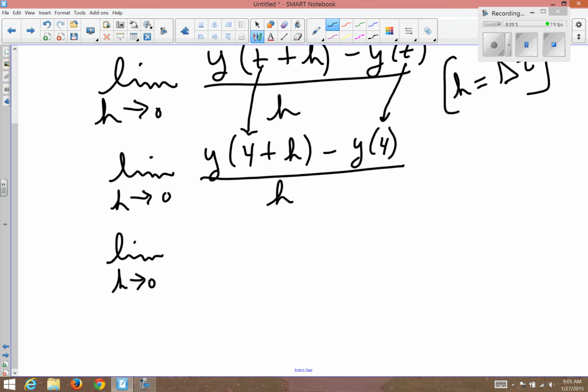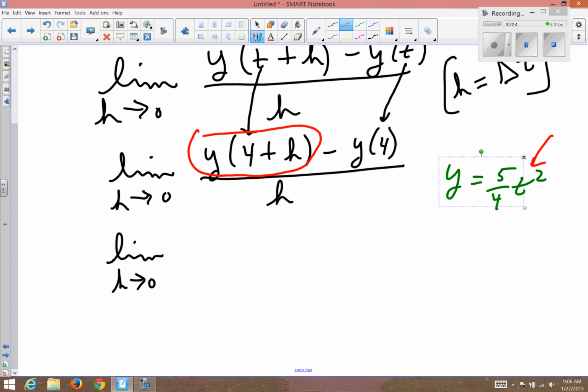In the function, y equals 5/4 t squared, this right here means replace the t with 4 plus h. So 5/4 times 4 plus h squared. And I'll repeat that in a couple seconds.